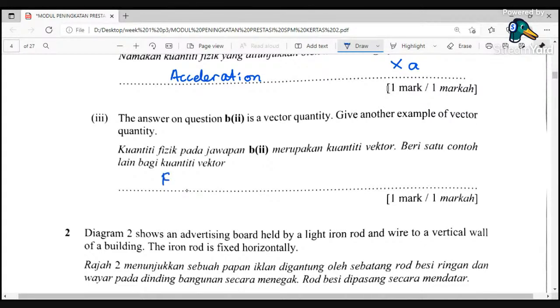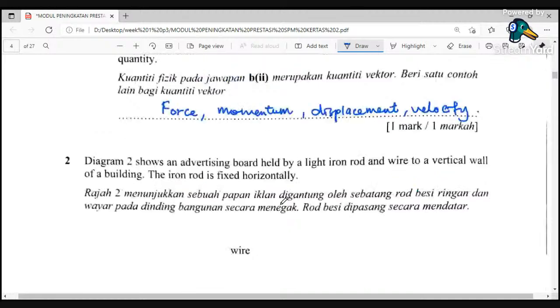Force, okay, momentum, okay, displacement, okay, velocity, okay, just take one enough already.